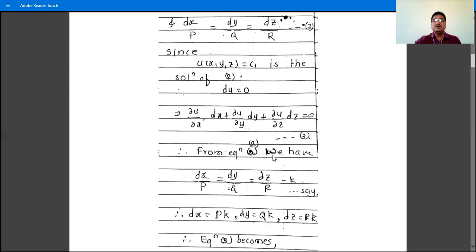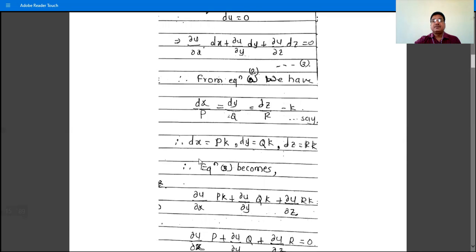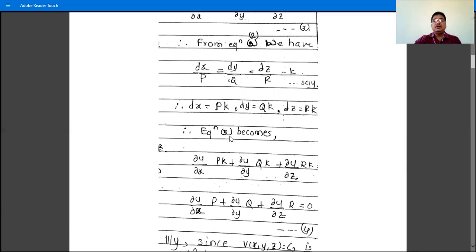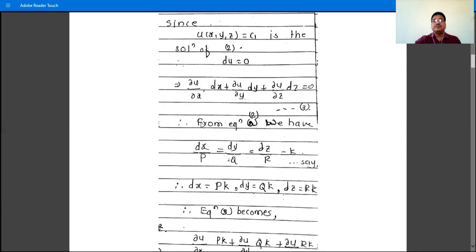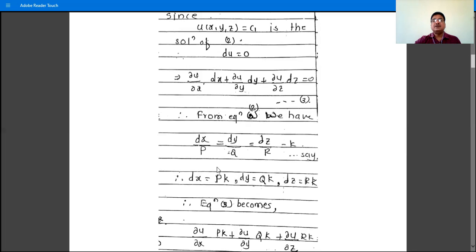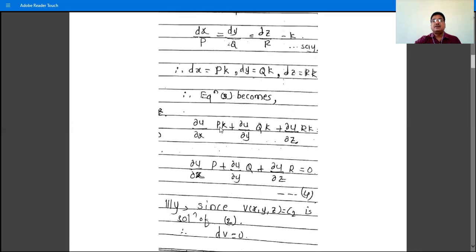Then from equation 2, dx/P = dy/Q = dz/R = k, suppose, so dx is Pk, dy is Qk, and dz is Rk. Substitute these values in equation 3.